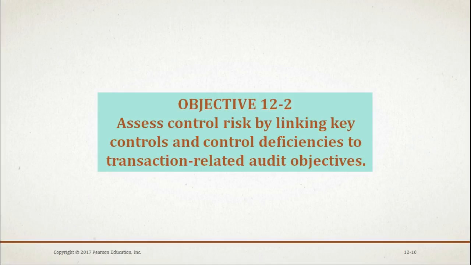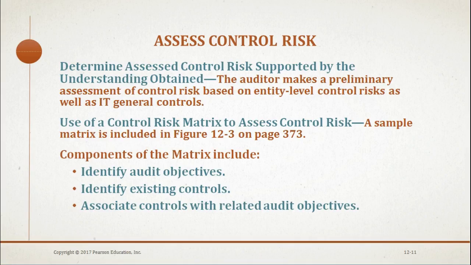Moving on, we will now discuss assessing control risk by linking key controls and control deficiencies to transaction-related audit objectives. The auditor makes a preliminary assessment of control risk based on entity-level control risk as well as information technology general controls. Many auditors use a control risk matrix to assist in the control risk assessment process at the transaction level.